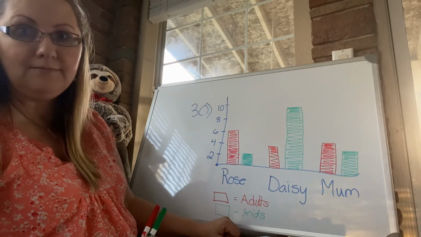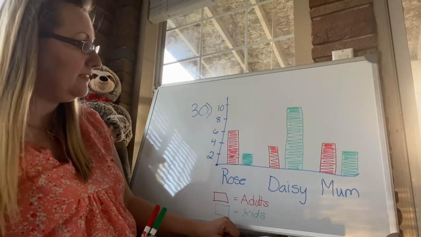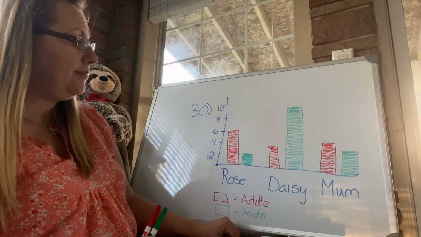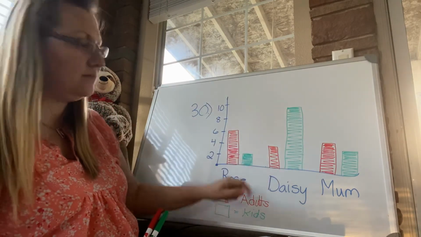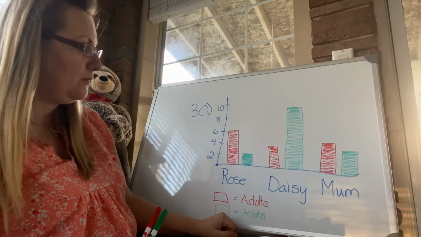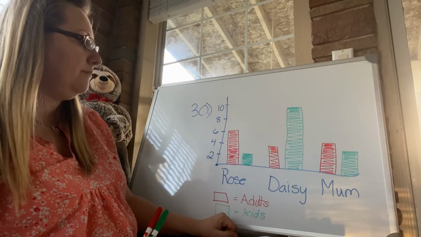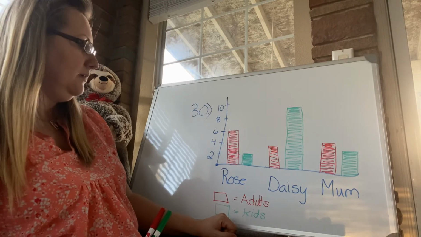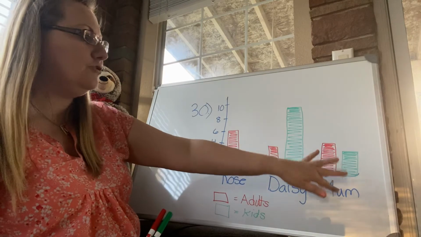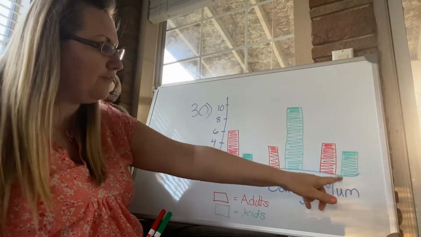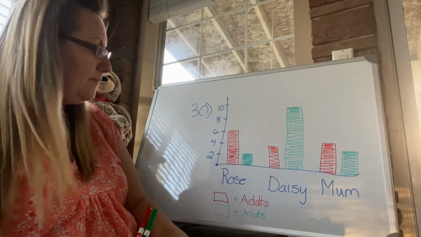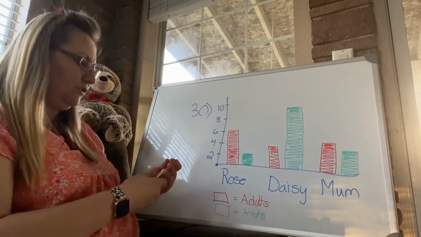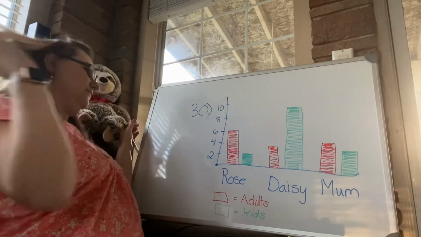Another conclusion, and I want you to write your conclusion, maybe you would say that kids or children like daisies more than adults do. Or that adults and children favor mums almost the same amount. Okay, so you are to write some conclusion.